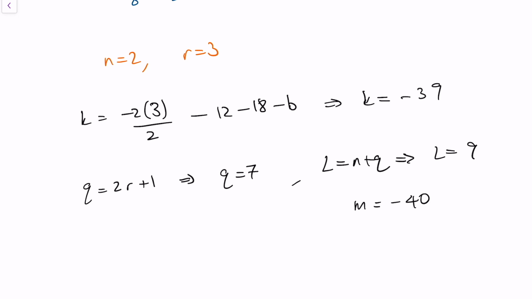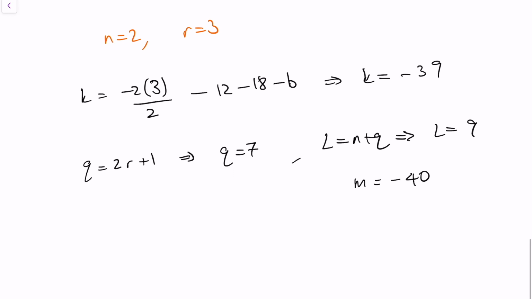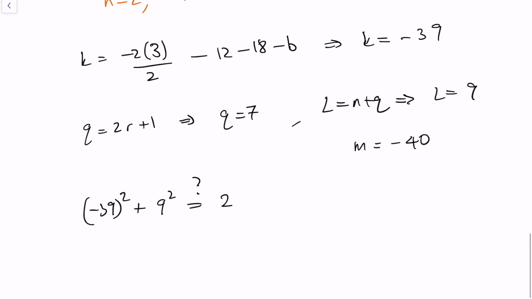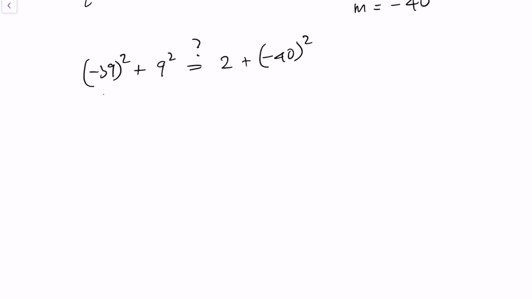So let's test these values. We will have k squared plus l squared. Is it equal to n plus m squared? So n was 2, so 2 plus -40 squared, right? Okay, so -39 squared is the same as 39 squared, so let's write it as 40 minus 1 squared plus 81.